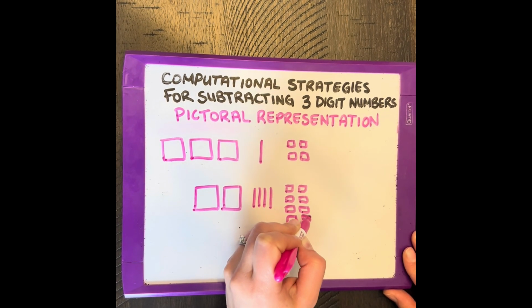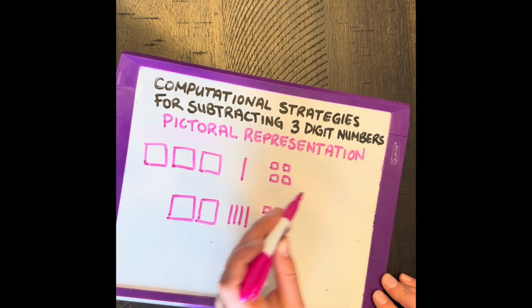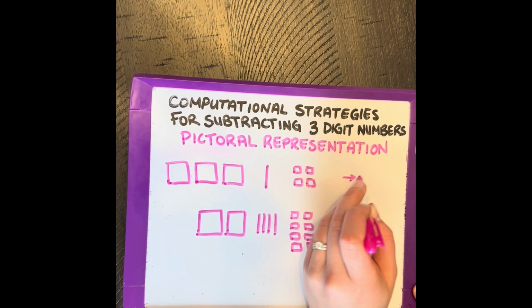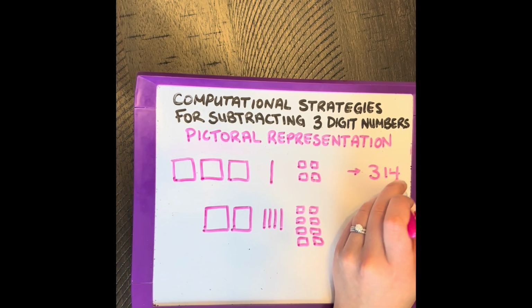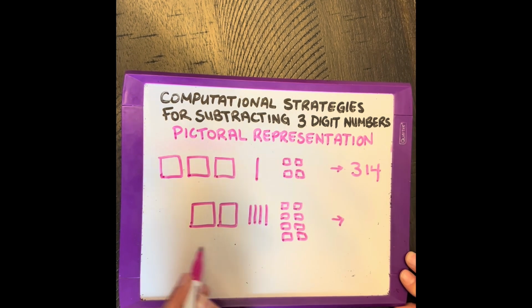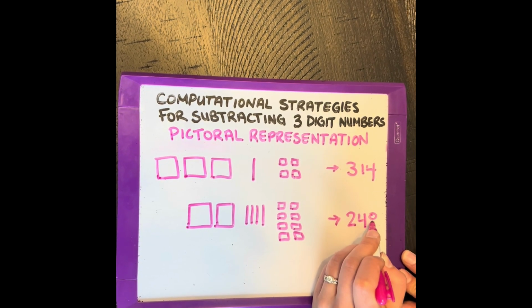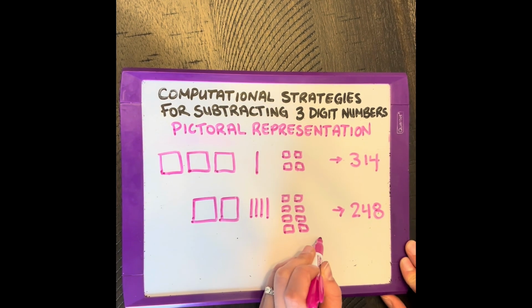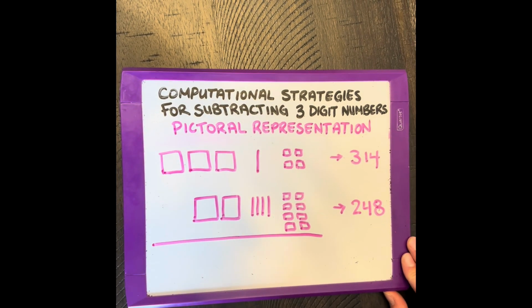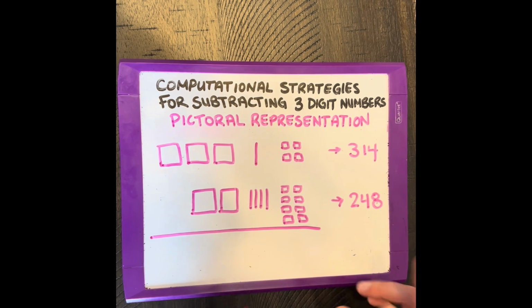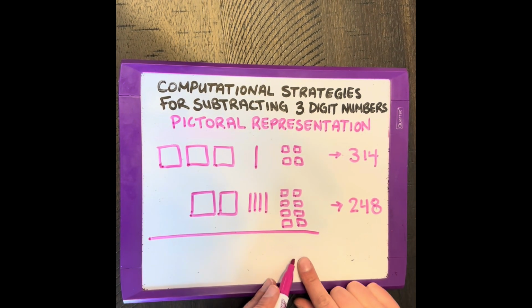So symbolically, we can recognize that at the top here, this represents 314, whereas the bottom is currently representing 248. If we go ahead and start to subtract these here, let me just draw this line to represent that we will move our completed answers for these place values below the line.